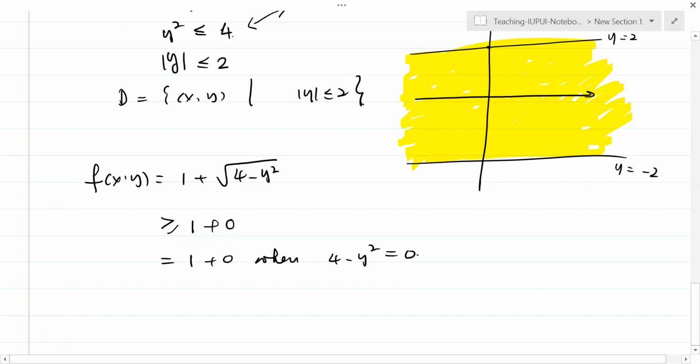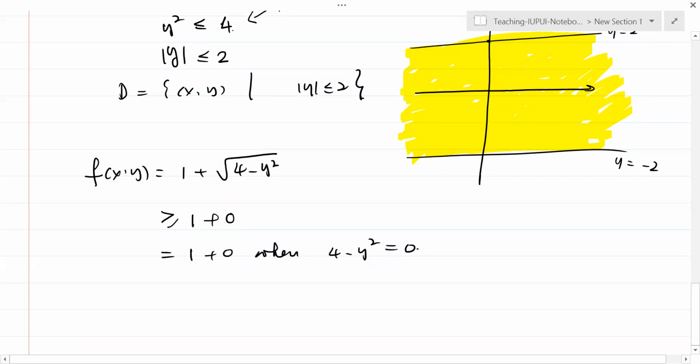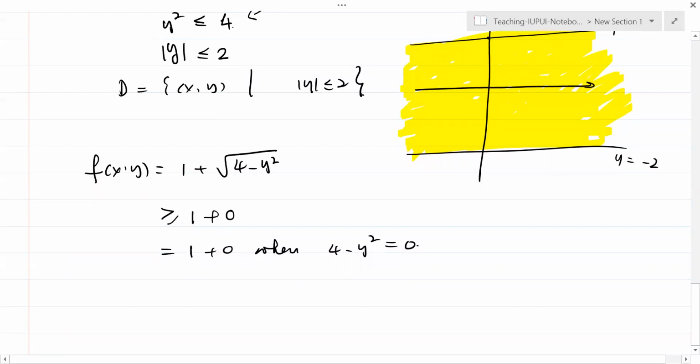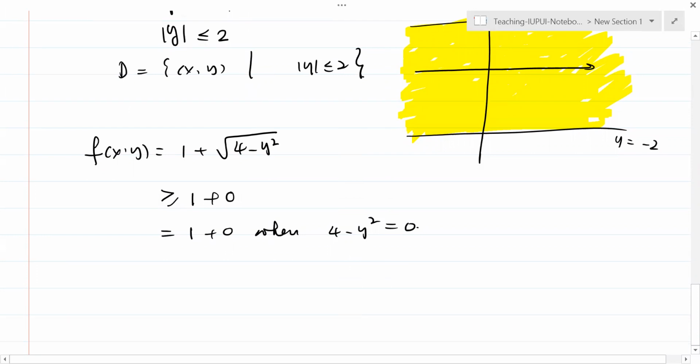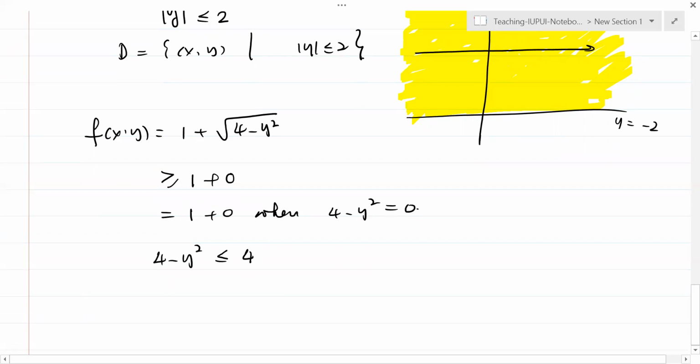But can the value of the function be arbitrarily large? I think not. Let's look at the possible values for the square root of 4 minus y squared. 4 minus y squared is always less than or equal to 4, right?